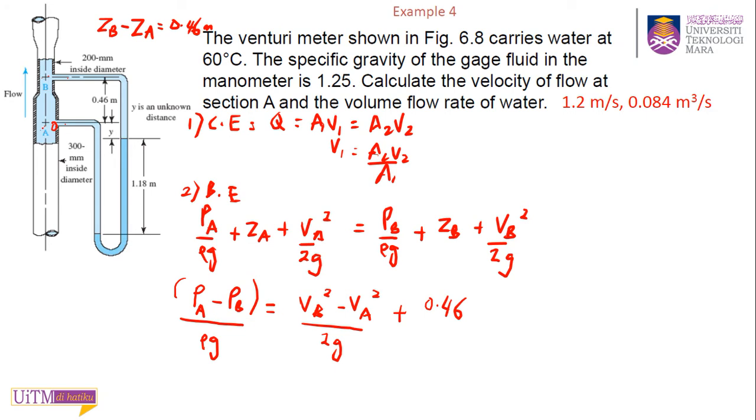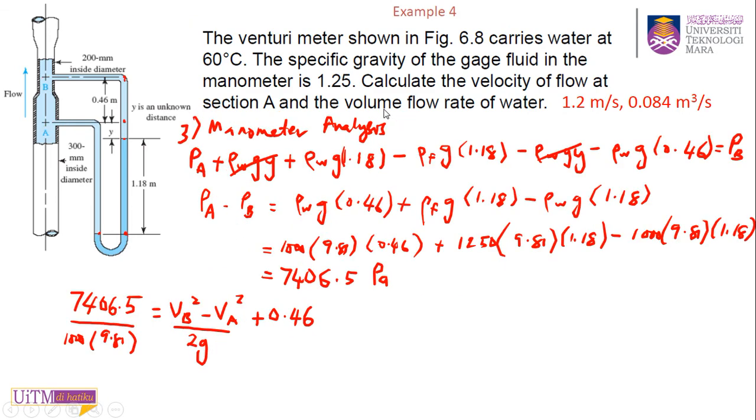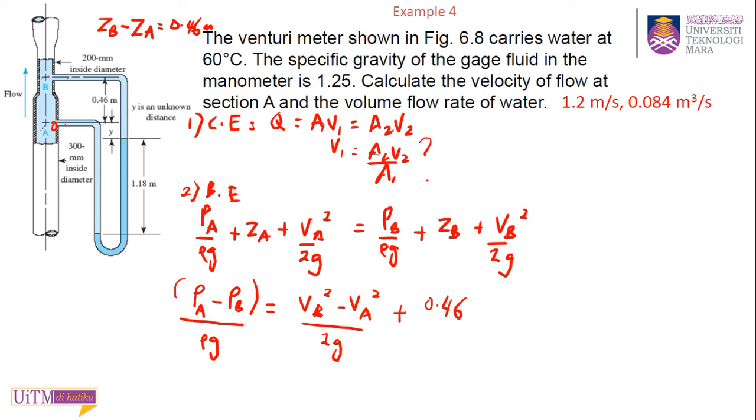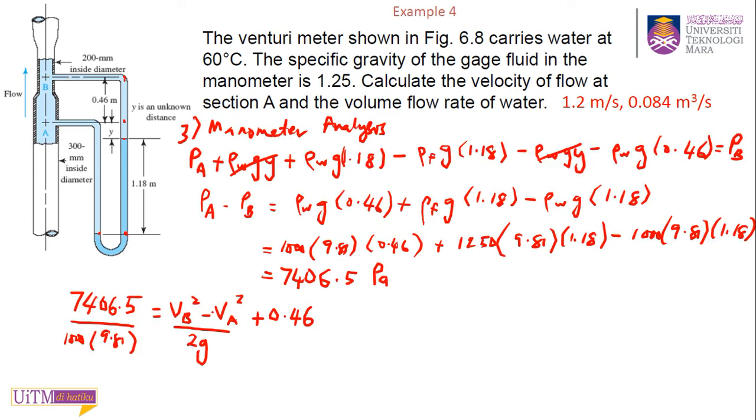What do we have in the first place? This has area. Okay, this is your continuity equation, right? You have to change your VB in terms of VA. So you have two unknowns, VB and VA. You want to find VA, so you need to change your VB in terms of VA, right?